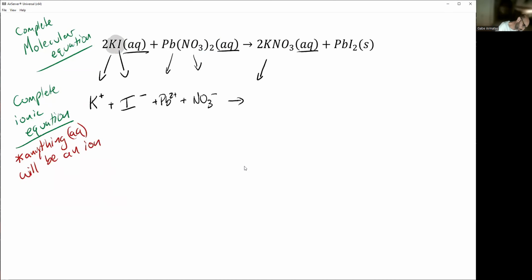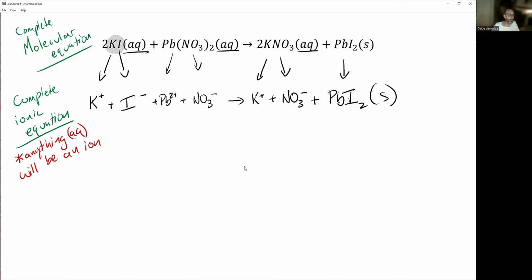And let's do the products as well. I have K+ and I have NO3-. Plus, this one right here is a solid, so I'm actually going to rewrite it.